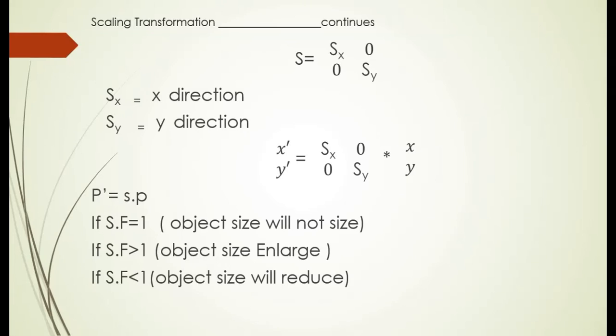The transformation scaling the object is x dash, y dash is equal to Sx 0 0 Sy into x y, that is the old coordinate. So the formula is P dash is equal to S into P. There are three conditions, and based on these conditions we can change the size of our object.